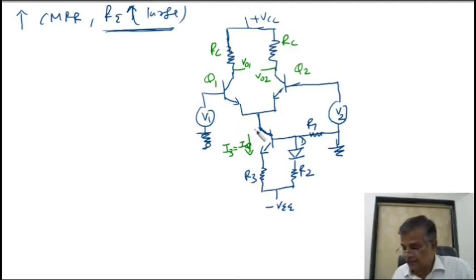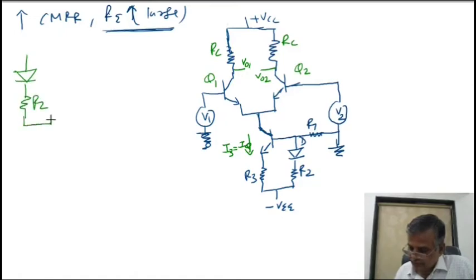Now let us prove that this current is constant. You can prove it in this mathematical way. I am showing you this section only. This is your diode, this is resistor R2, this is your VEE, this is resistor R1.